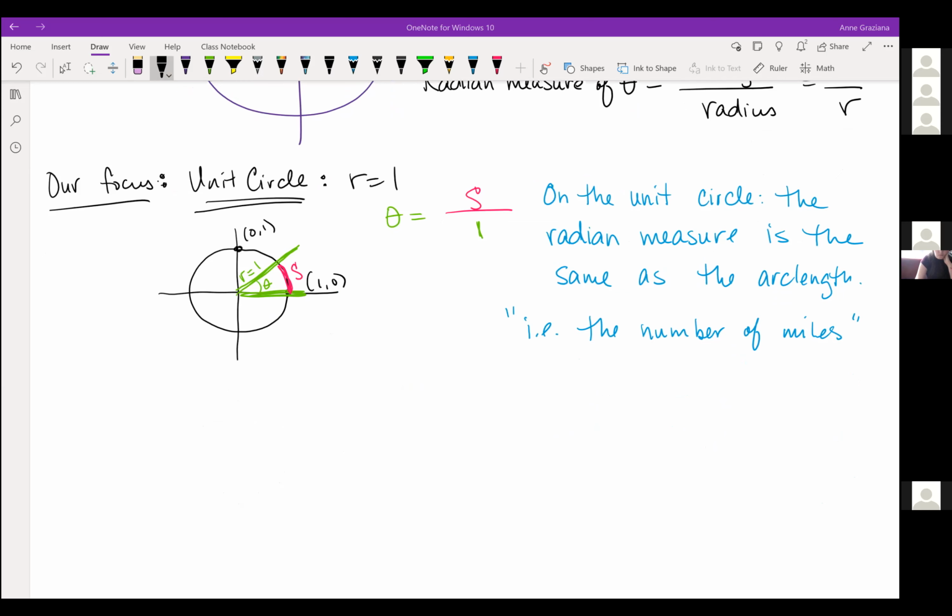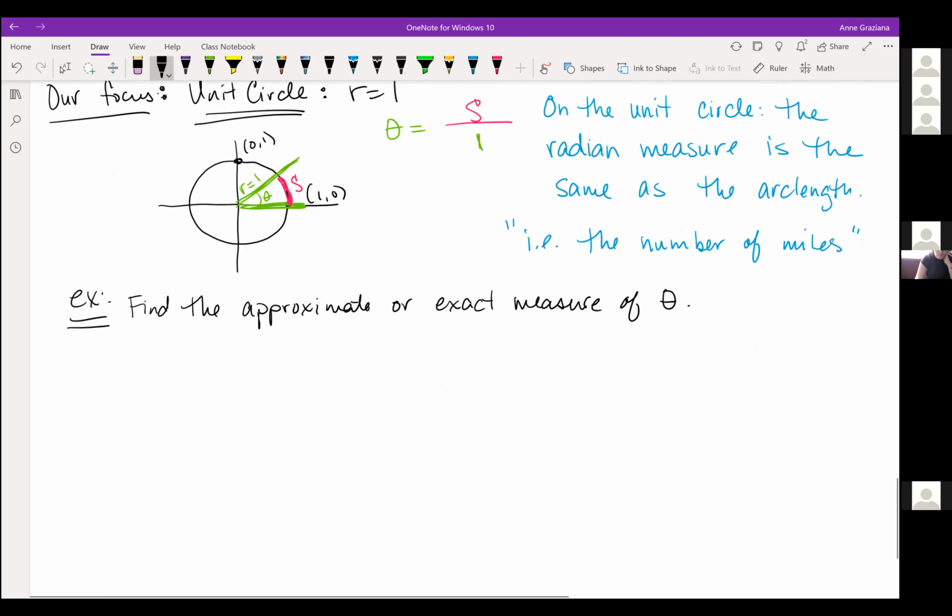All right, so let's look at some examples. What the heck do I mean here? Let's do an actual example. So find the approximate or exact measure of theta. So here's one. Let's say I walk and stop here, and I tell you that this is approximately 1 mile.